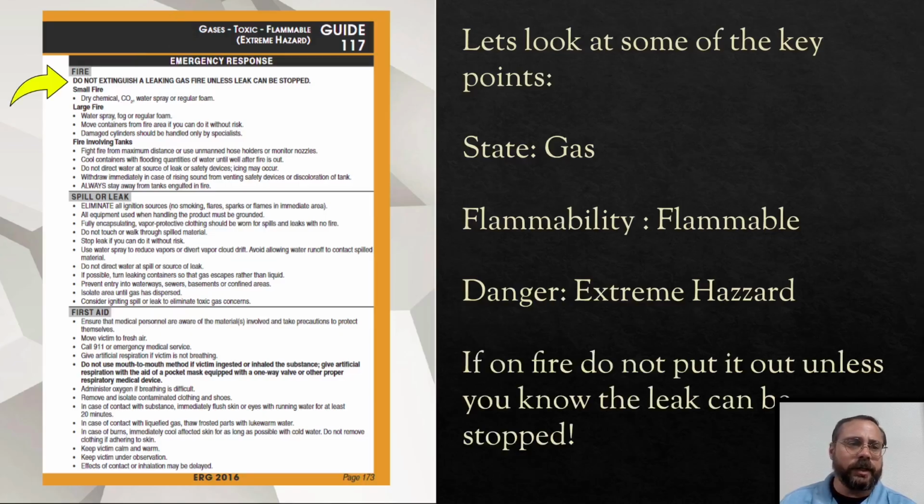Moving further down, it says, do not extinguish a leaking gas fire unless the leak can be stopped. Now, why is that? That doesn't make sense. If we put the fire out, at least it's not on fire anymore, right? Well, one of the big things is that sometimes the byproducts of combustion are less dangerous than the actual product itself.